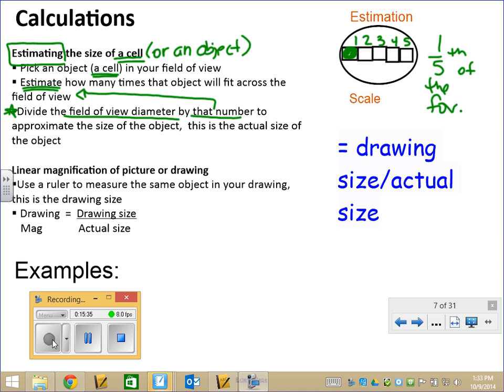So let's say for fun, in this example, let's say I was on high power. If I was on high power, and we'll use the numbers that we just calculated. So we just calculated that the field of view on high power in our little examples was 400 micrometers.